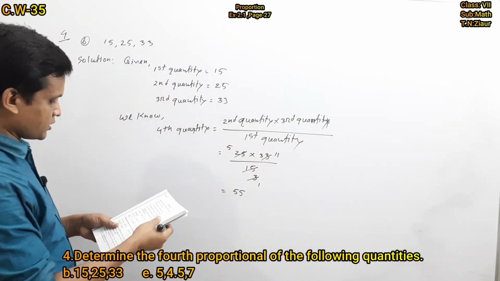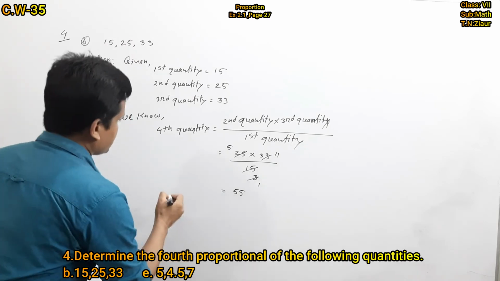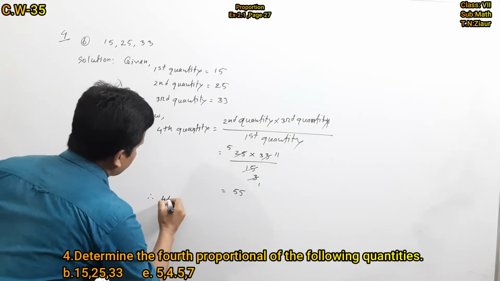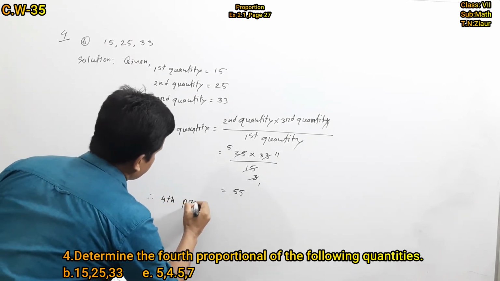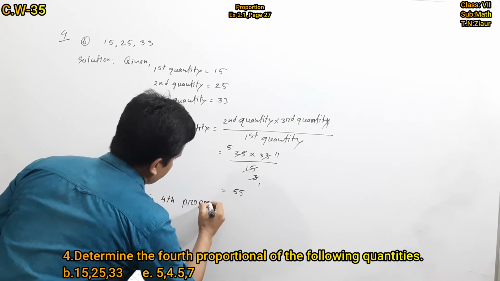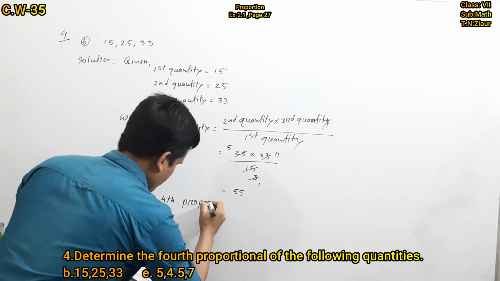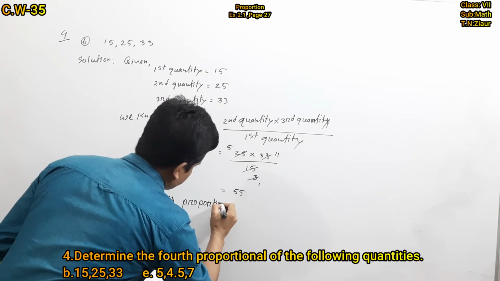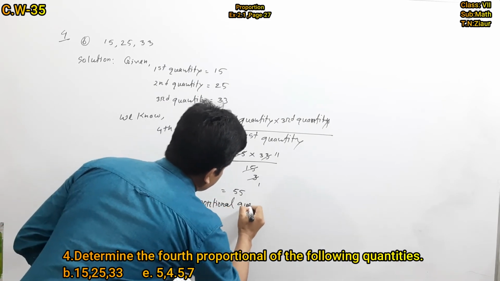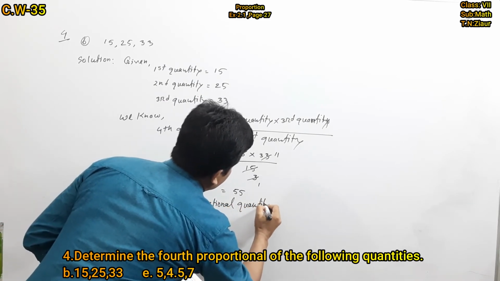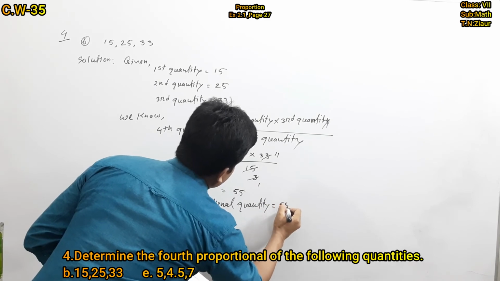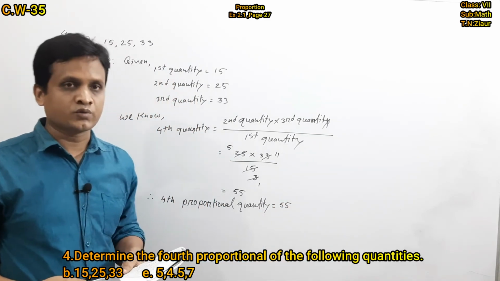So we can write here the fourth proportional quantity. Therefore the fourth proportional quantity is equal to 55. This is the answer. Okay, students.